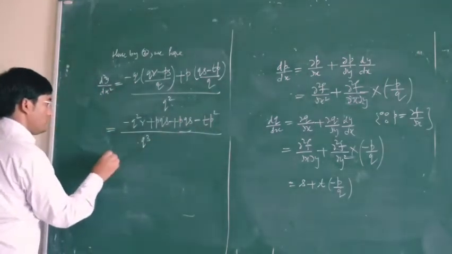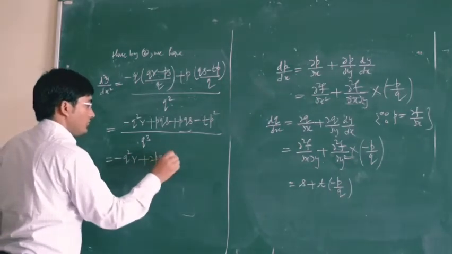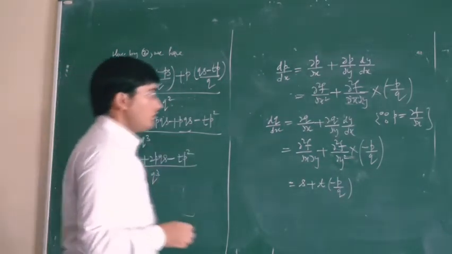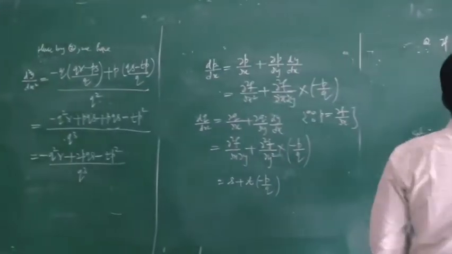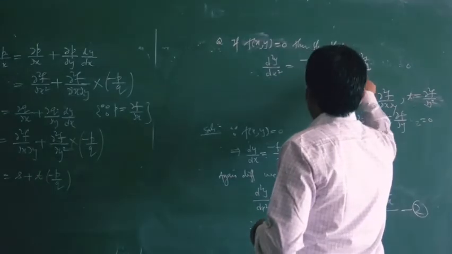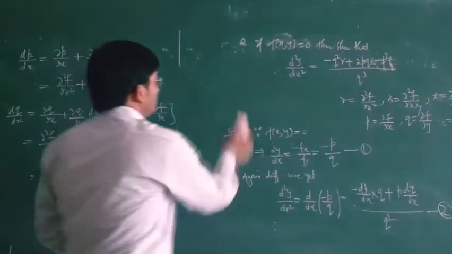So your answer is minus q square r plus 2 times pqs minus tp square divided by q cube. So this is what we have to prove: minus q square r plus 2 pqs minus p square t divided by q cube.